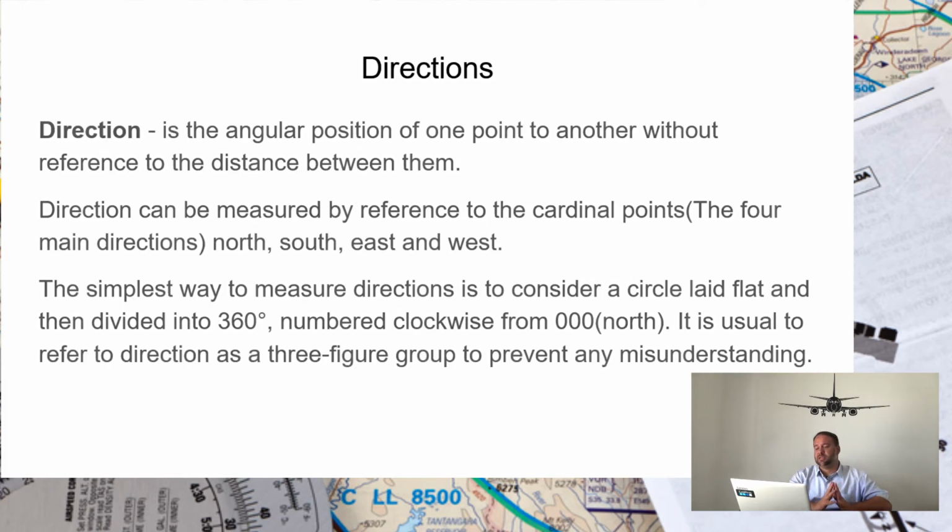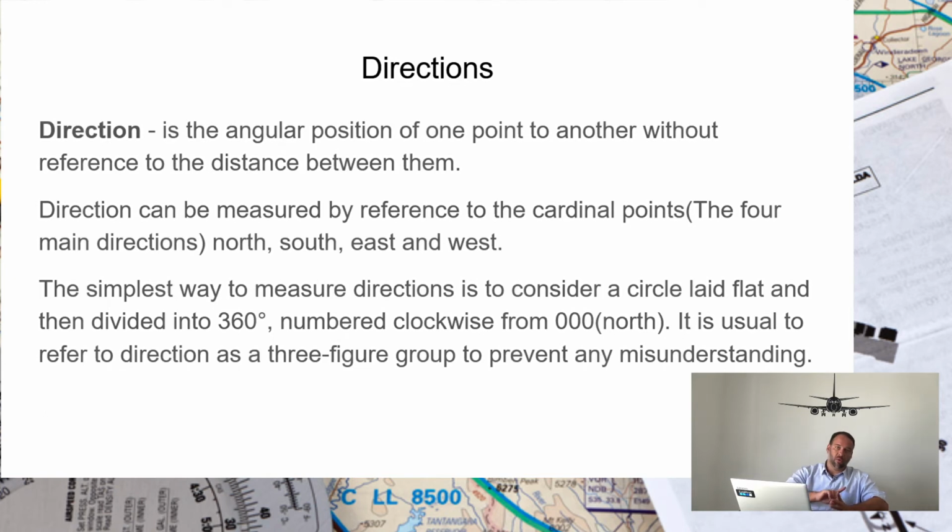Directions. Direction is the angular position of one point to another without a reference to the distance between them. All right, it's just where you're going. Direction can be measured by reference to the cardinal points, the four main directions: north, south, east, and west. The simplest way to measure directions is to consider a circle laid flat and divide it into 360 degrees.